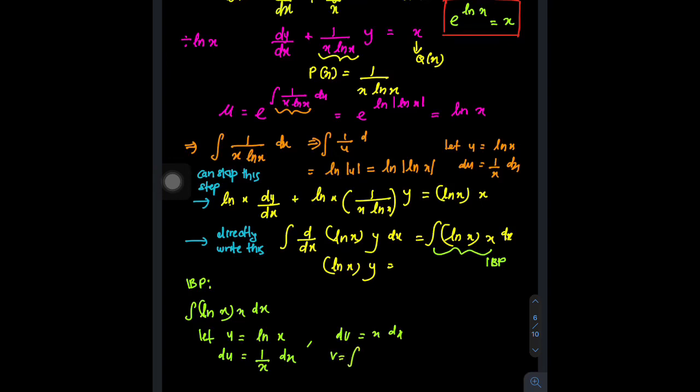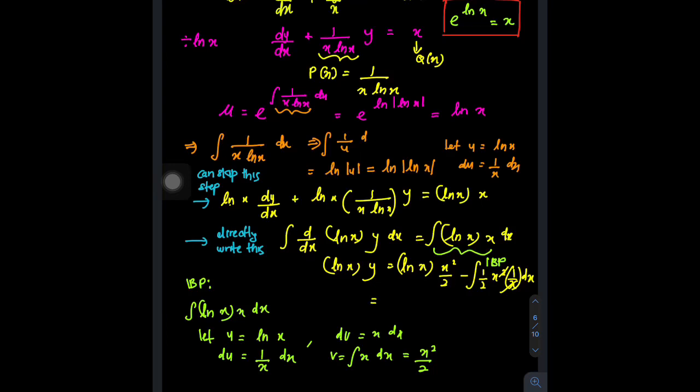Therefore, v is the integral of dv, and you will get x squared over 2. So uv, your u is ln x and your v is x squared over 2, minus the integral of v du. So your v is 1 over 2 x squared and your du is 1 over x dx. Then this one you can simplify.